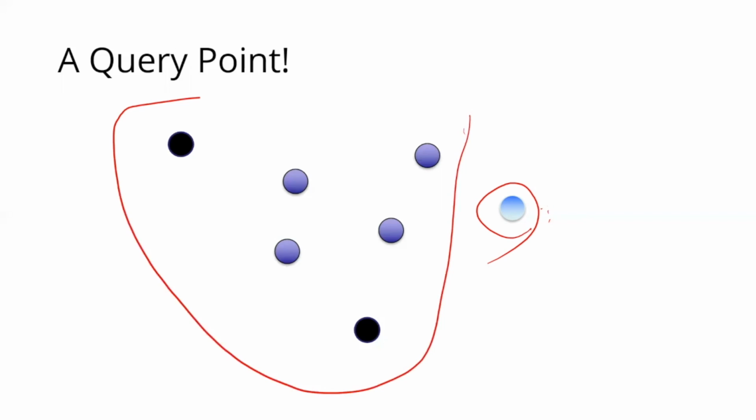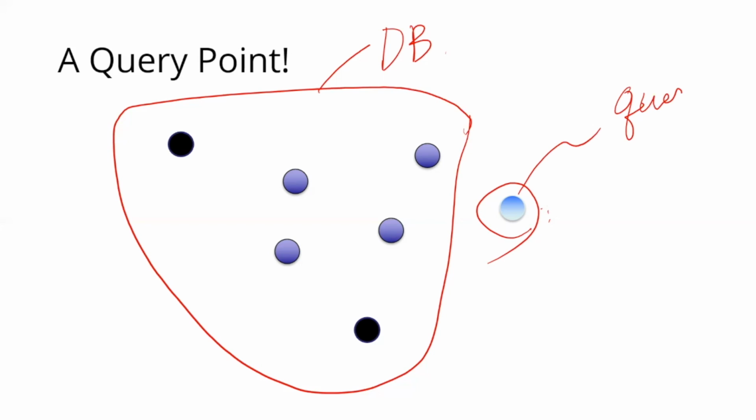The pivots and the references are the ones that are stored in the database, and this one is a query. Your goal is, for a given query point, to find the ones that are closest to the query point from the DB.